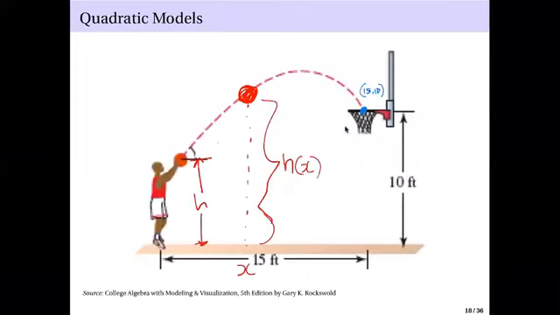So we have this again. This is the function h of x at point x, and this guy here is your h of 15. And this is equal to 10.